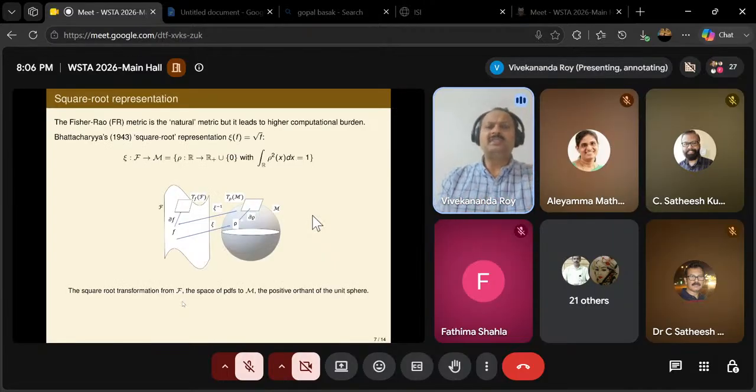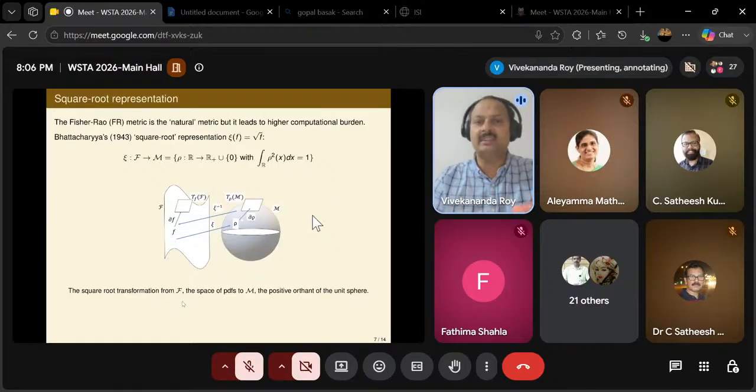This is where another Indian statistician, Bhattacharya's idea, can be used. Bhattacharya came up with what is known as the square root representation of the densities. Here is the Xi map, mapping from the space of densities to M, where it is simply the square root.